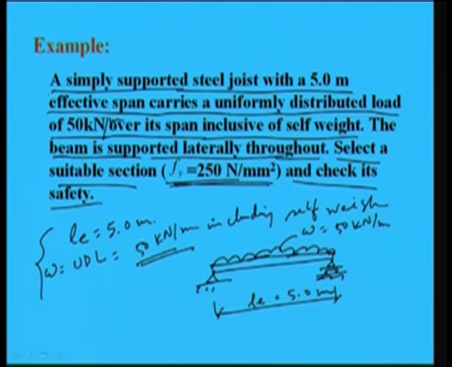So, first we will try to find out the maximum bending moment. In case of a simply supported beam, what will be the maximum bending moment? That will be WL square by 8, right. So, we will find out the maximum bending moment, then we will find out the maximum shear force which is coming at the support.